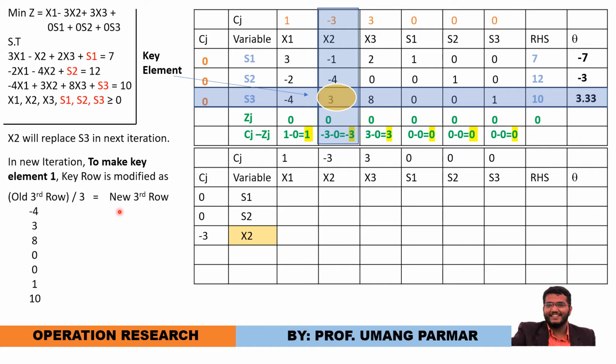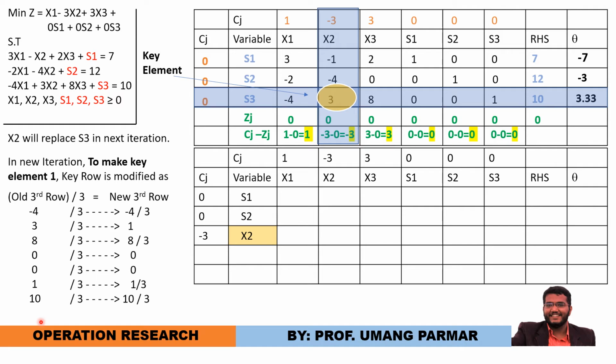So we write down the old elements, that is -4, 3, 8, 0, 0, 1 and 10. These are my old elements, which are divided by 3, and my new elements become -4 by 3, 1, 8 by 3, 0, 0, 1 by 3 and 10 by 3.